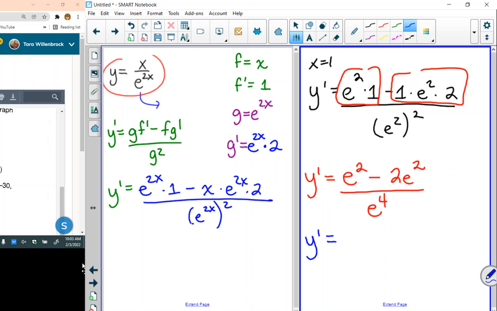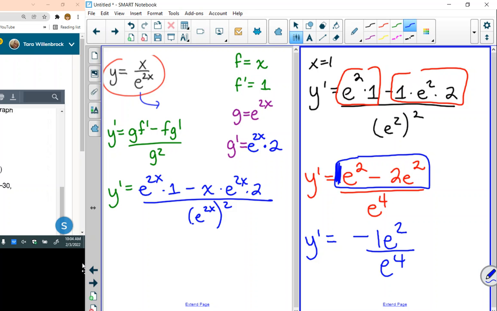The way I think about this is, if I look at this and I think about e squared as just a thing, like a variable, like an x or whatever, if I have 1 e squared minus 2 e squareds, I have negative 1 e squared left.